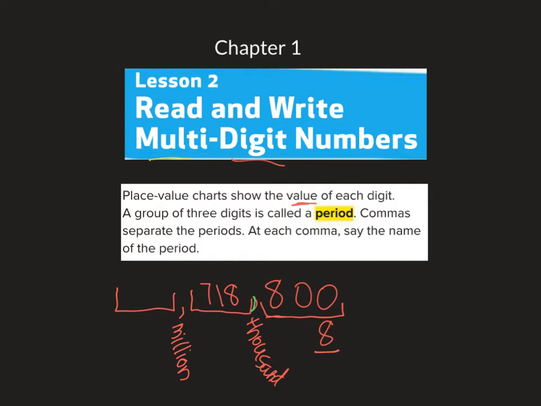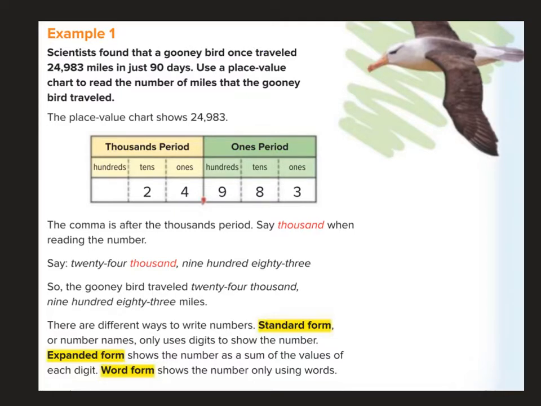So let's get started. Scientists found that a Gr4 bird once traveled 24,983 miles in just 90 days. Use a place value chart to read the number of miles that the Gr4 bird traveled. In the thousands period, we have 24.